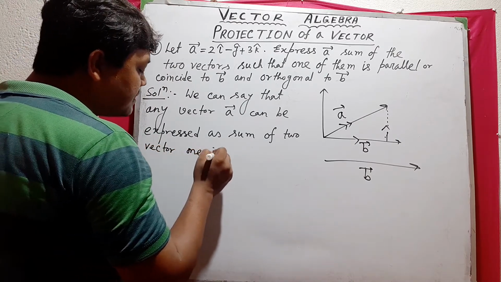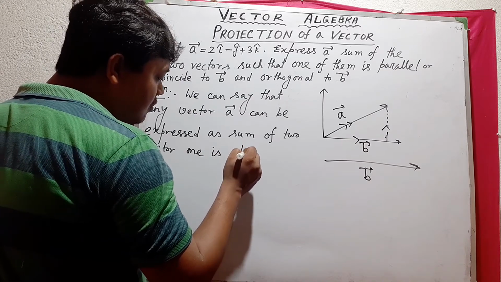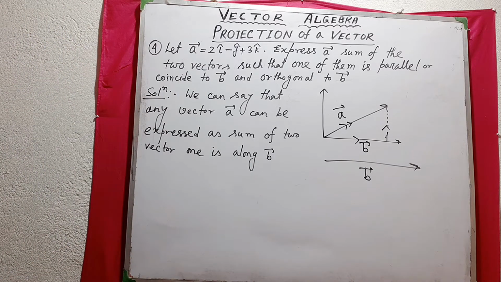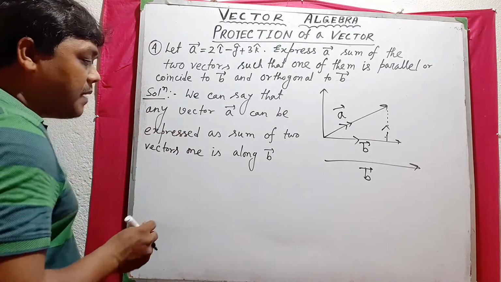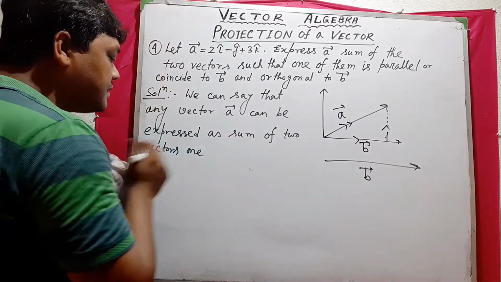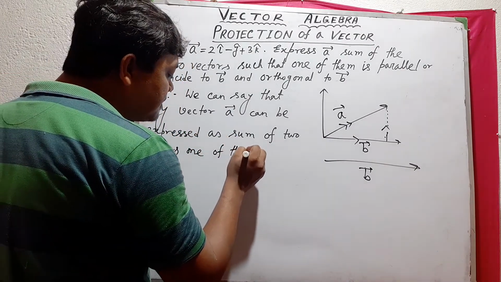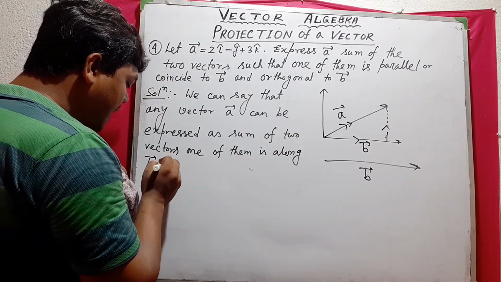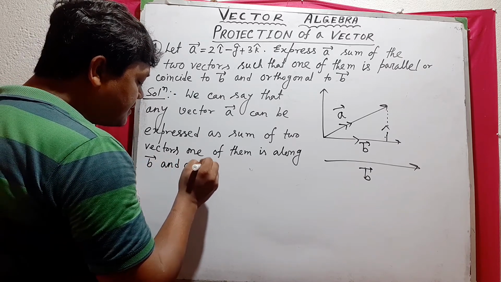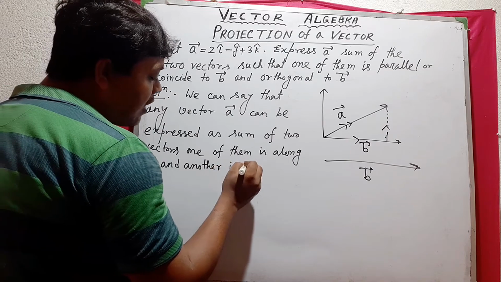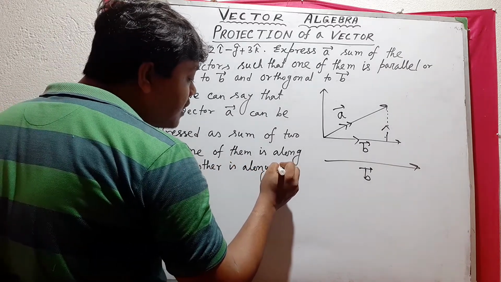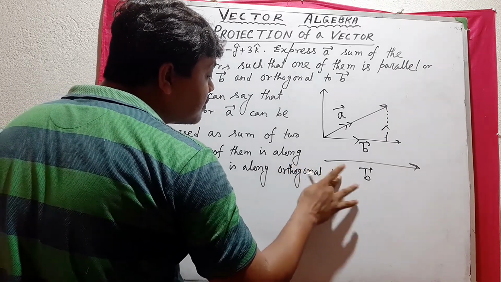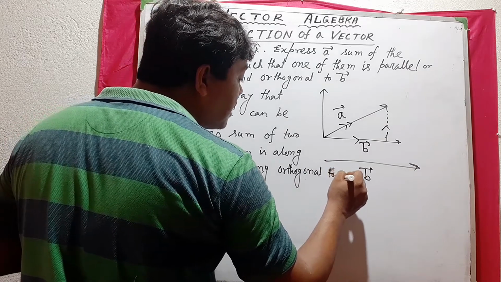One of them is along B vector and another is perpendicular to or orthogonal to B vector. তাহলে বেসিক্যালি প্রবলেমটা ম্যাপ হয়ে গেল কোথায়?